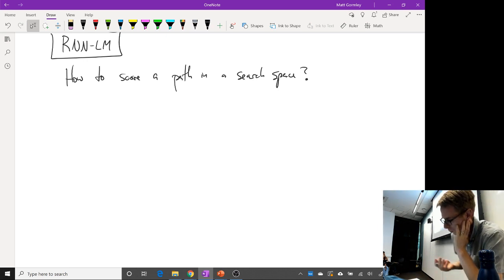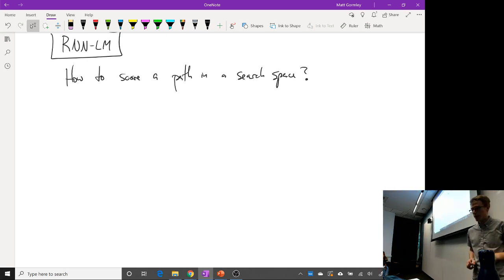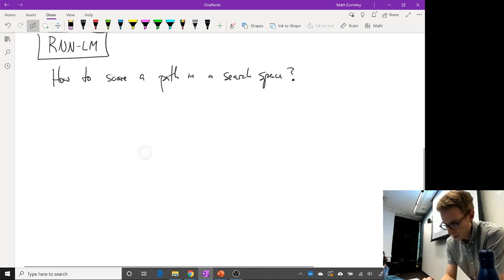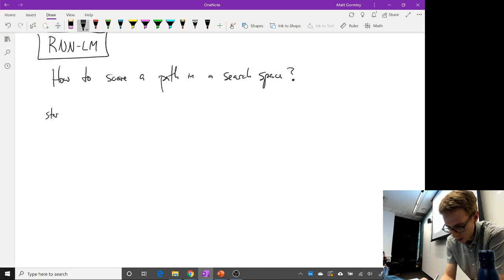And so what we could think about here is something like our part of speech tagging example, where we have some start state, and then we have neighboring states like noun and verb. And from verb, let's suppose that we pick verb. We can choose among preposition, noun, or verb.